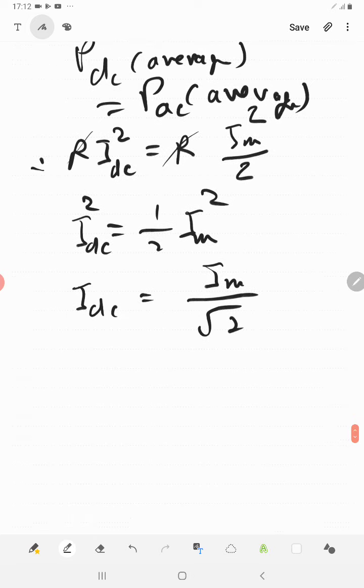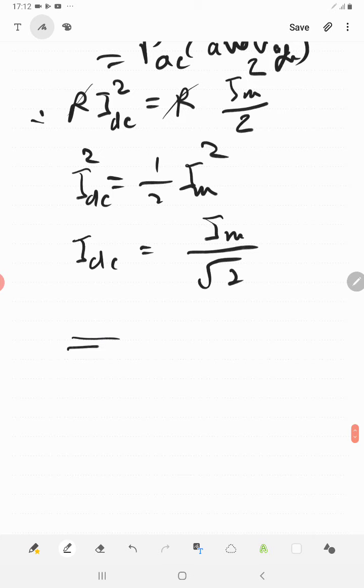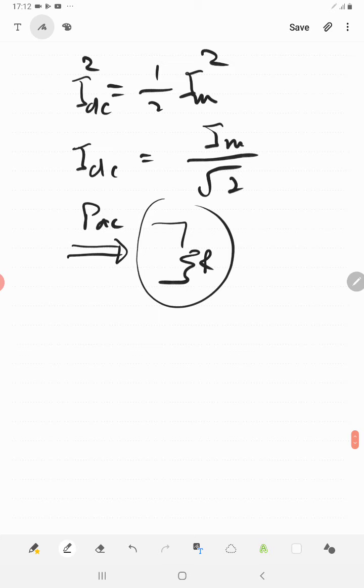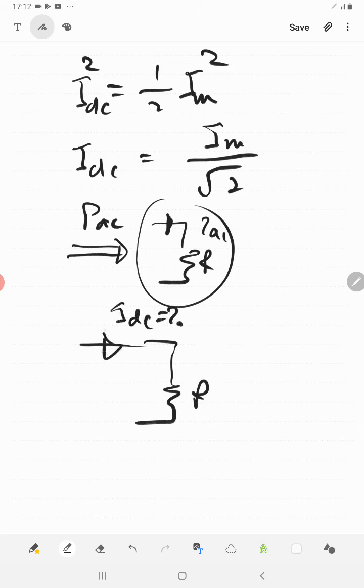Okay? So, if we have an AC current through a resistance R, what is the value of a DC current through the same resistance R that would give P DC equal to P AC average?